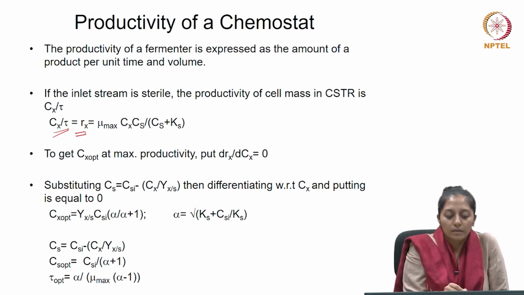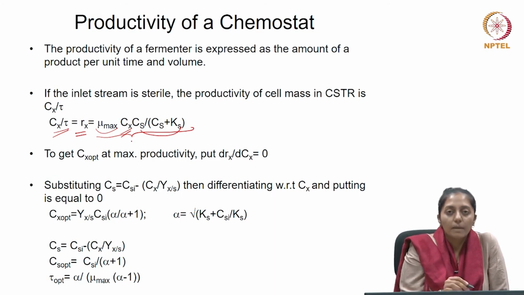Then again, Rx has been expanded in the form of Monod's model. So, Rx is mu X, and mu has been substituted in terms of the Monod's model terms, and X here is being represented as Cx.